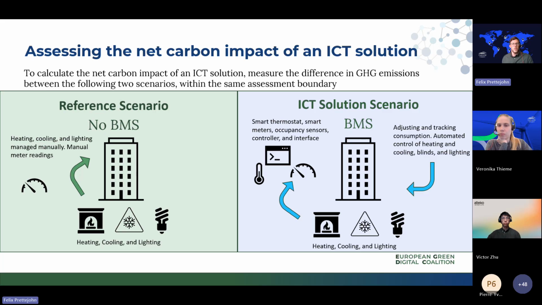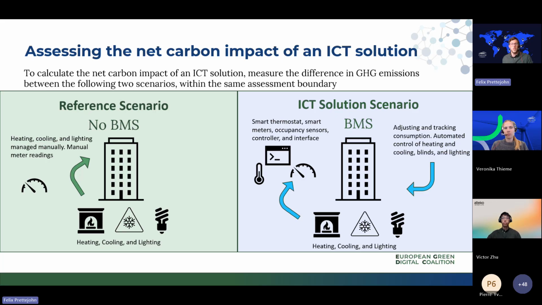But in this case, we're showing an example of a building management system ICT solution. So the reference scenario, this is looking at cooling and lighting. And this is on the left-hand side without any building management solution control. So that's those uncontrolled systems and whatever the energy use was in that scenario.